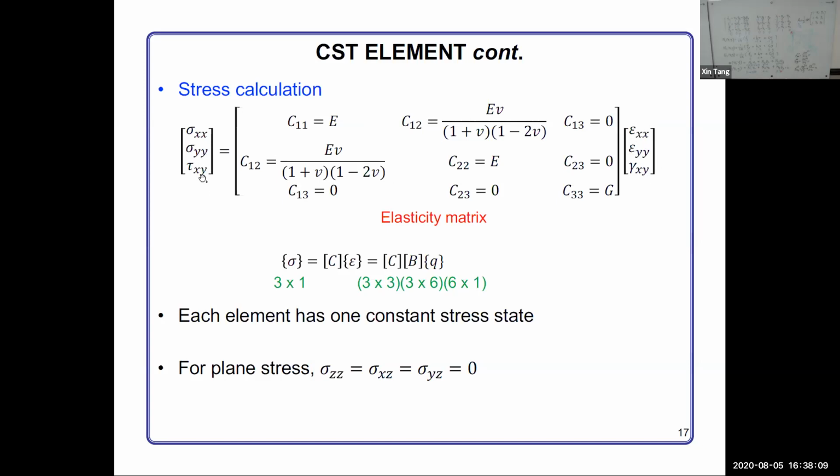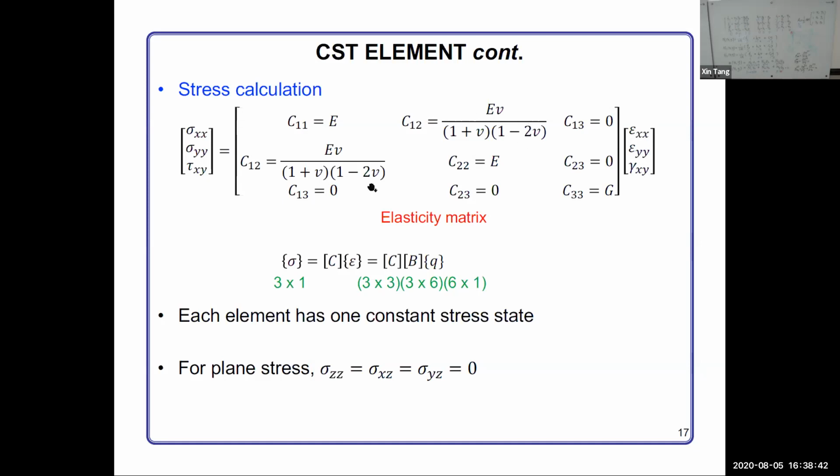And same thing for the shear component: tau xy equals C13 (zero) times epsilon xx, plus C23 (zero) times epsilon yy, so they all disappear, plus C33, which equals G, the shear modulus, times gamma xy. So shear stress is only related to shear strain, with no normal strain related. Okay, that is consistent.